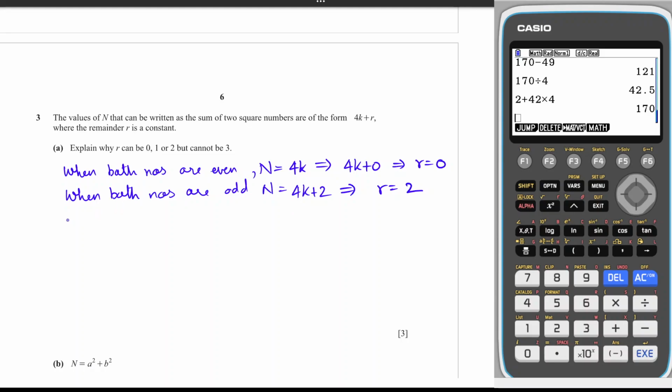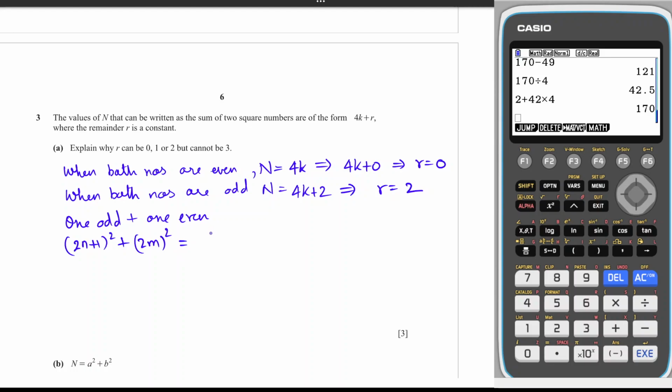Now suppose I have one odd plus one even. Suppose one odd means 2n plus 1 square, and one even, let's say that is 2m. M could be any number.